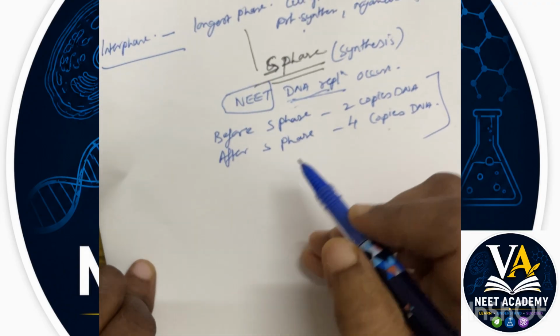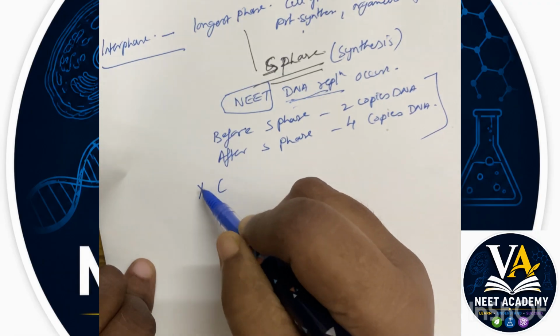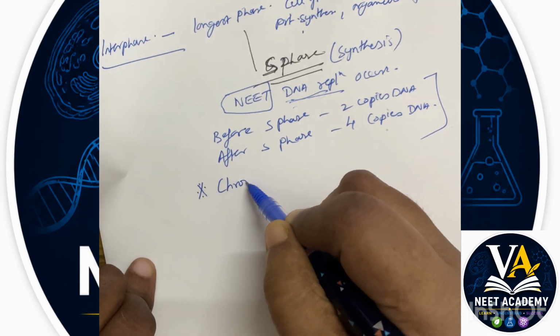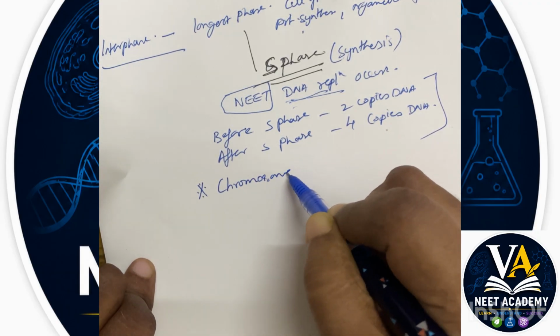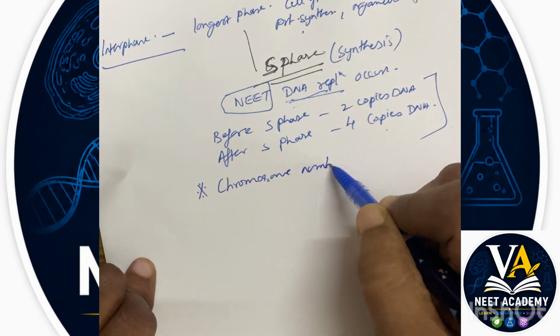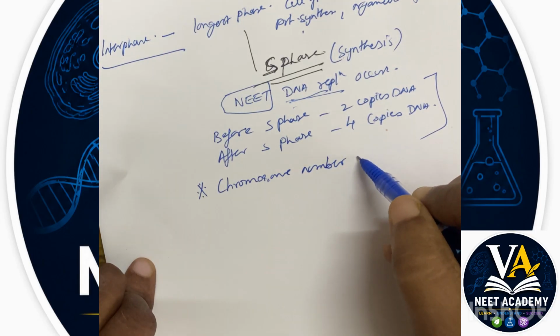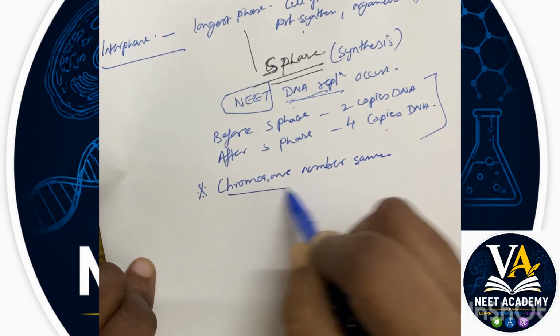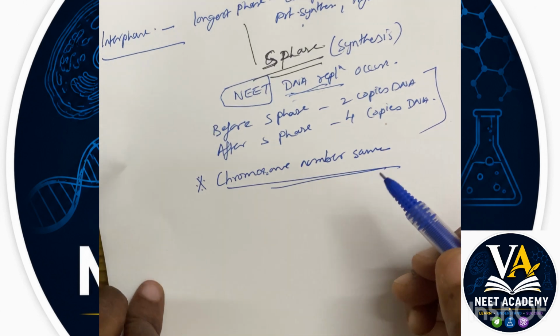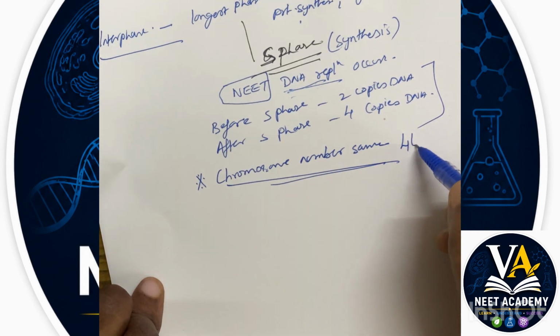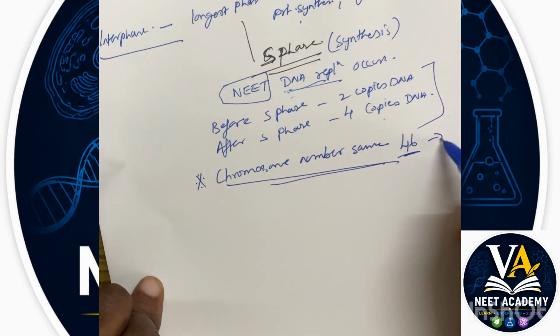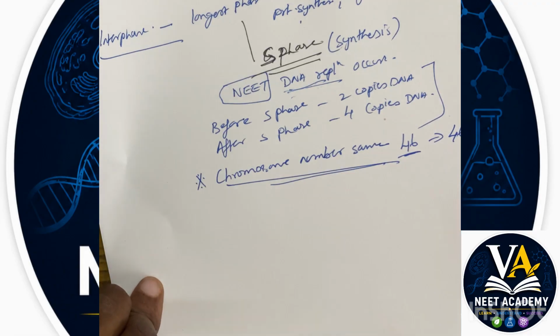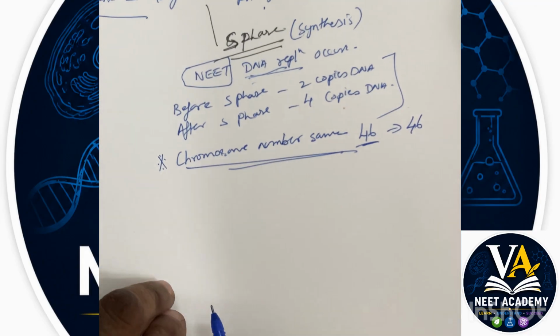But then remember students, always very important, the chromosome number remains the same. If the chromosome number is 46, it will be 46 before and after the S phase.